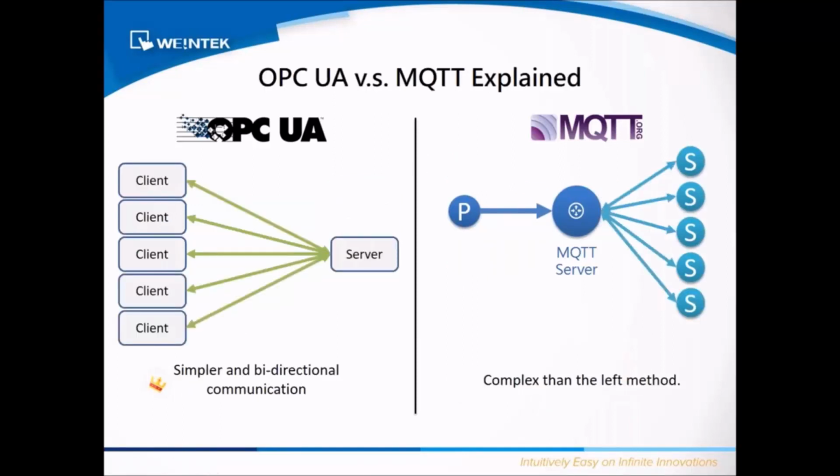Okay, so I would like to say, if you have only one server and you have many clients, then I will recommend you to use OPC UA, because it's simpler for you to understand the configuration. If the server goes down, then every client can know what is going on and do something immediately. But if you use MQTT, it can be done, but if you publish from the server to the client, it's easy.